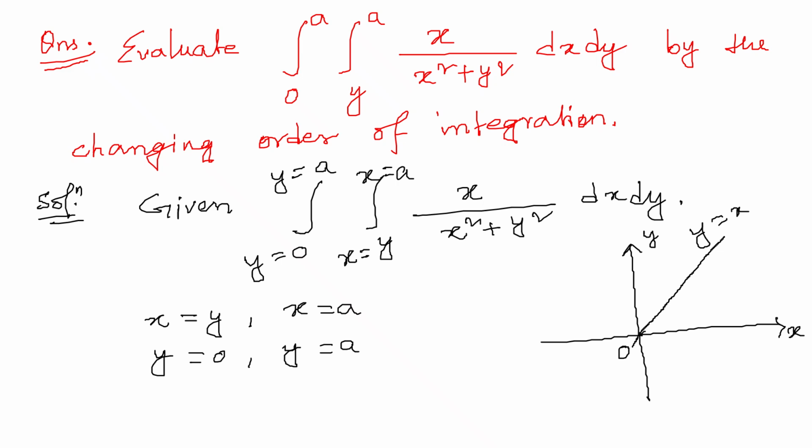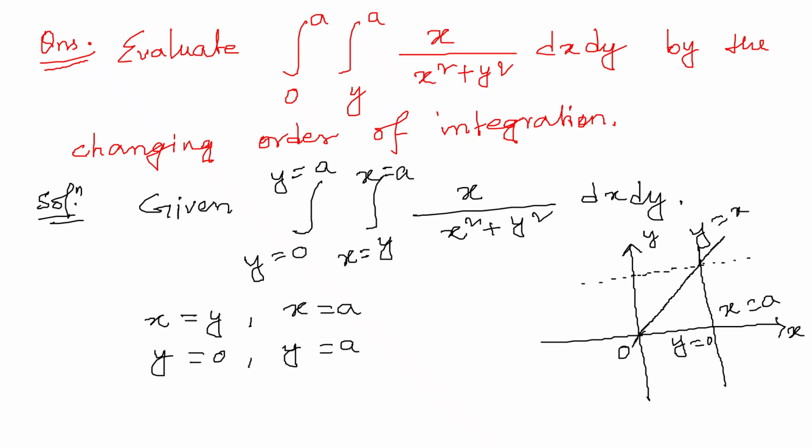Suppose this is my x is equal to a. Okay, so what is y is equal to 0? Y equal to 0 means the x axis. And next y is equal to a, so y is equal to a means up to here.